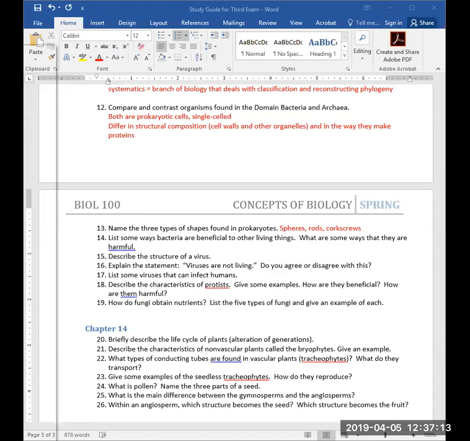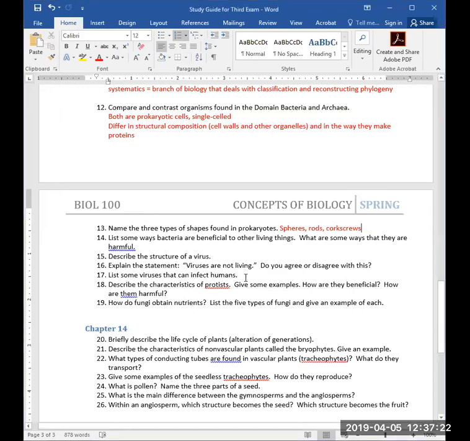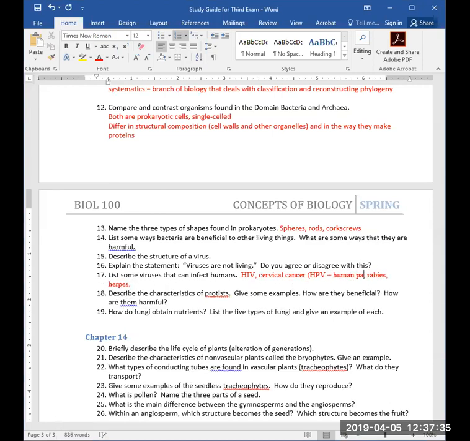What is it called? It's called human papilloma virus, HPV. There, it came to me. List some viruses. Here's some viruses. I'm going to put it here. HPV, human papilloma virus. Okay.